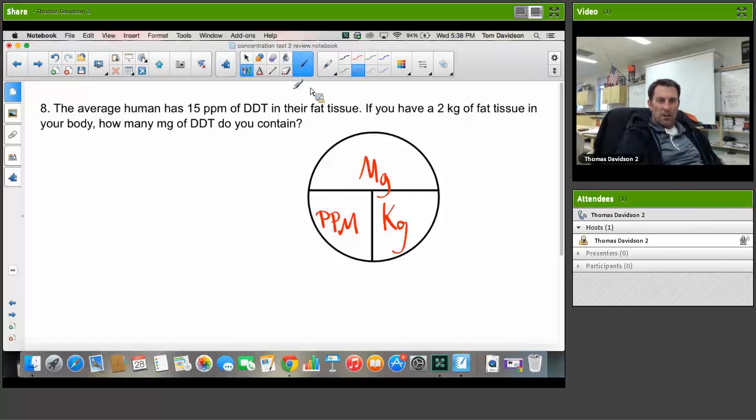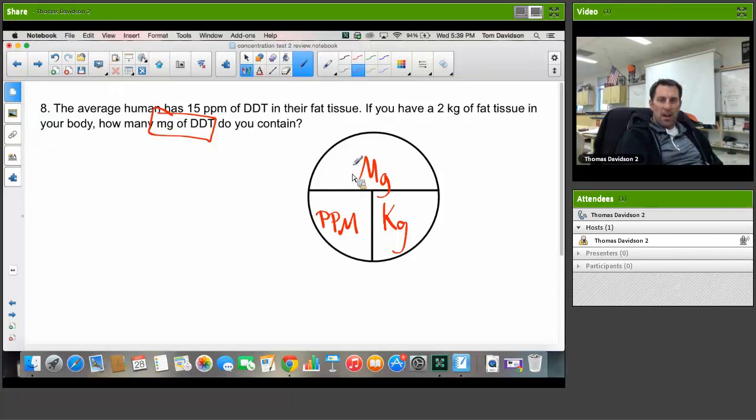it's pretty straightforward. All right, so it says the average human has 15 parts per million of DDT in their fat tissue. If you have 2 kilograms of fat tissue in your body, then you're lucky you're not fat at all. How many milligrams of DDT do you contain? So it's asking for the milligrams of DDT.